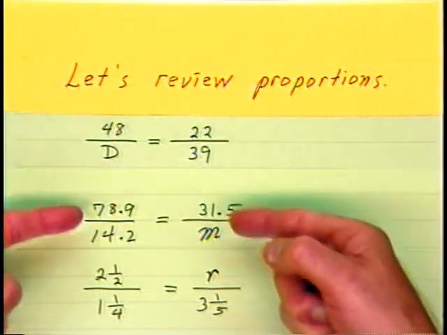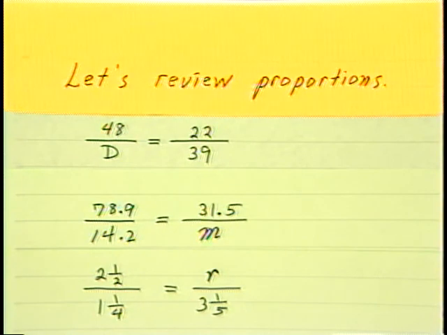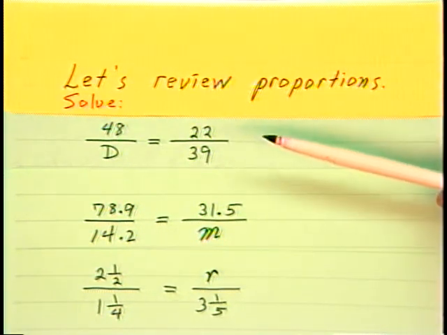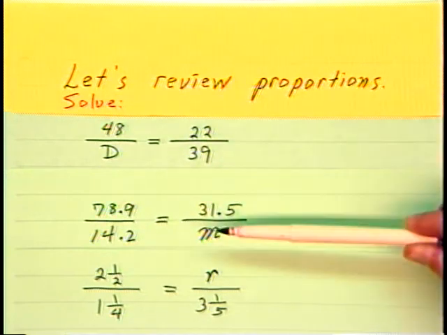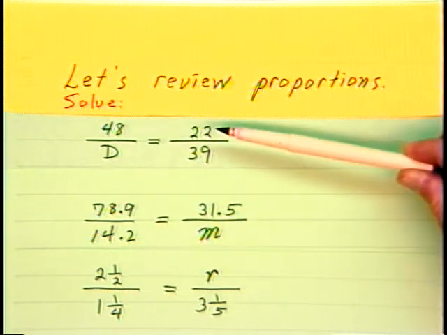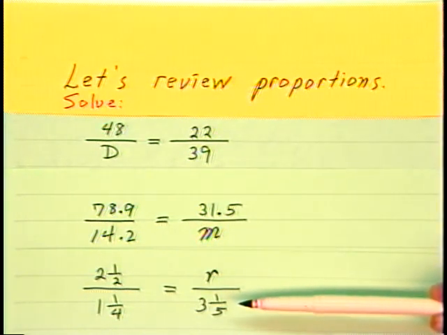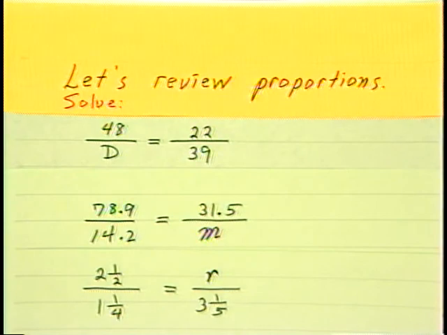Let's say we wish to solve each of these proportions, and for the sake of being able to stop somewhere, let's say to these two we will solve to the nearest tenth, and to this third we want it solved to the exact fraction. Let's begin.